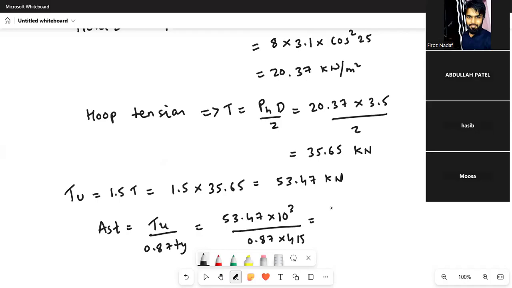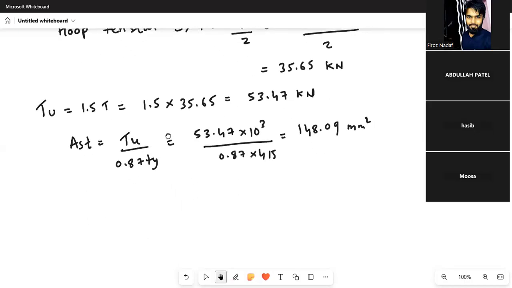So AST you're getting as 148.09 mm square. We have to check whether this AST that we have calculated is more than AST minimum or not.